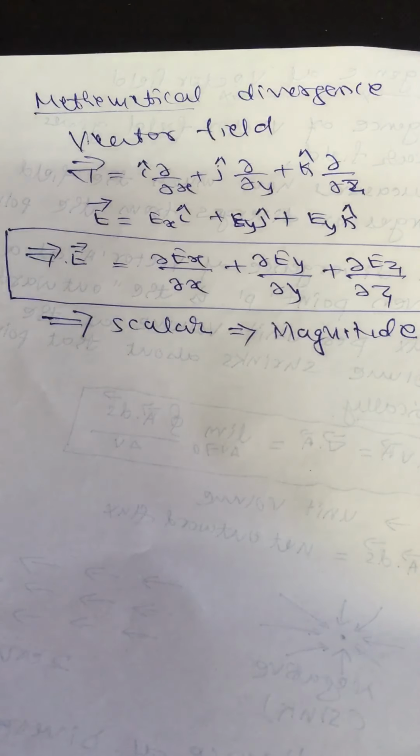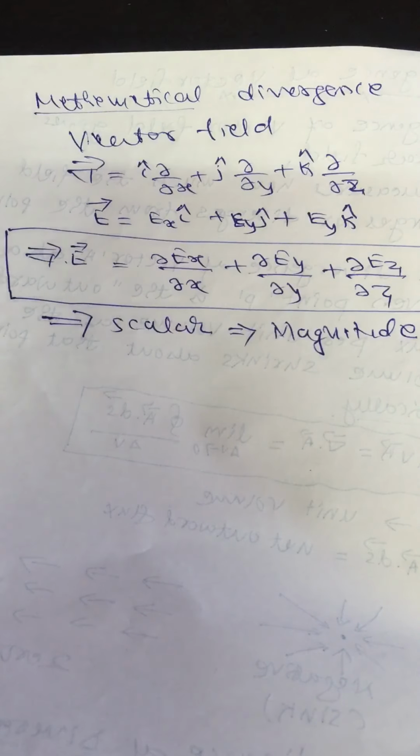Now mathematically, divergence of the vector field means, as I said, the dot product. As you know, del is an operator. You can represent it as i cap ∂/∂x plus j cap ∂/∂y plus k cap ∂/∂z.